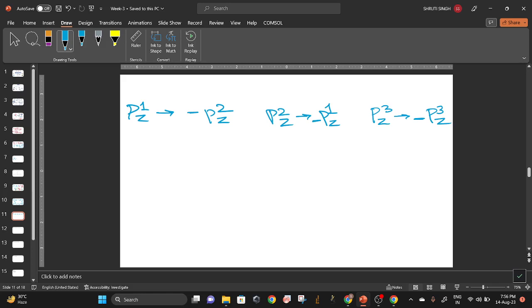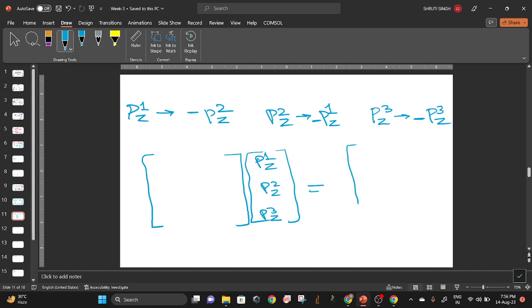Okay, now we can write the matrix. First is pz1, pz2, pz3, this is the basis, I am writing the basis first, and now I will write the answer which we got. After transformation, pz1 became minus pz2, pz2 became minus pz1, pz3 became minus pz3.